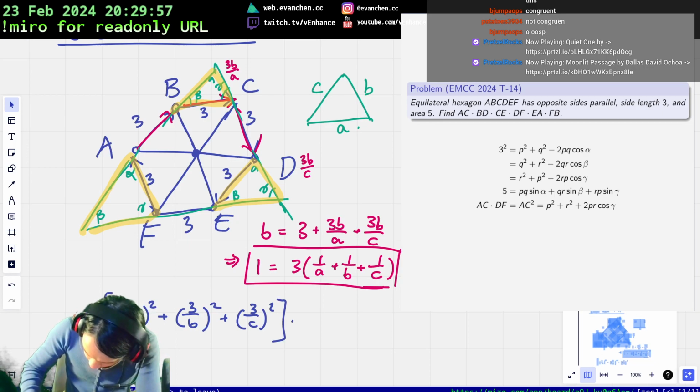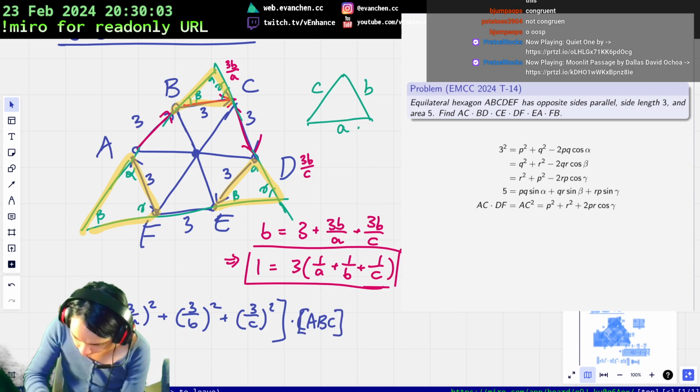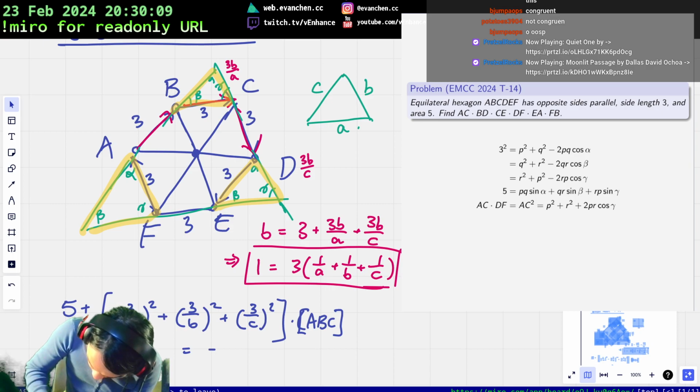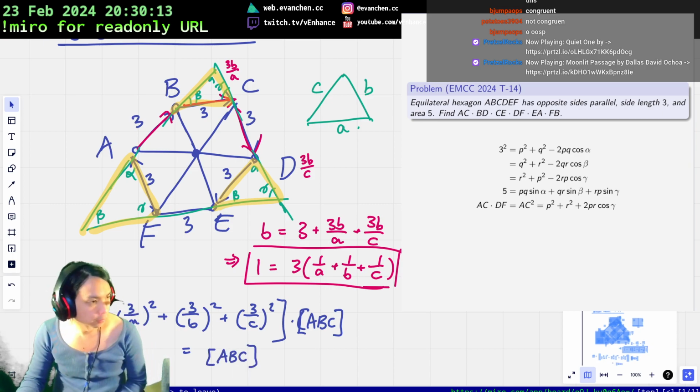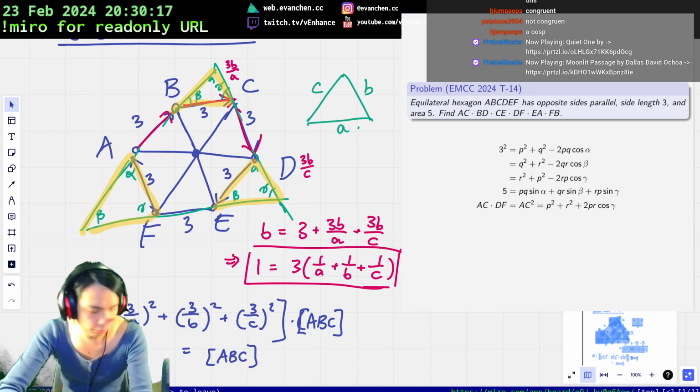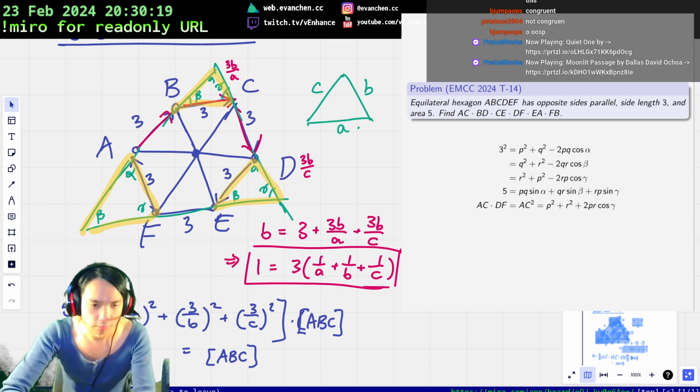So this thing times the area of ABC is the sum of the yellow things. And apparently if I add 5 to this, I'm supposed to get ABC itself. So this is the other, okay, I'm gonna hide the trick stuff because I'm not gonna use it, I think. Yeah, the trick is too annoying. We're not going that route.